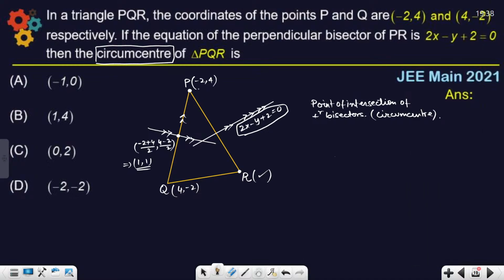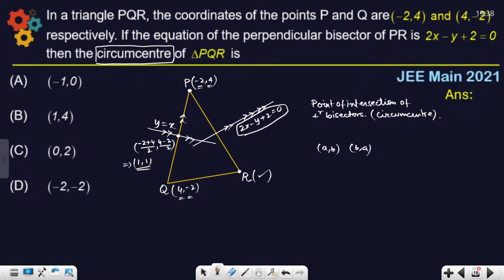Because you observe this thing, the coordinate of point P is minus 2, 4. And what is the coordinate of Q? It is 4, minus 2. So (a, b), its image is (b, a). So definitely this is with respect to the line mirror y equals to x. That's it.